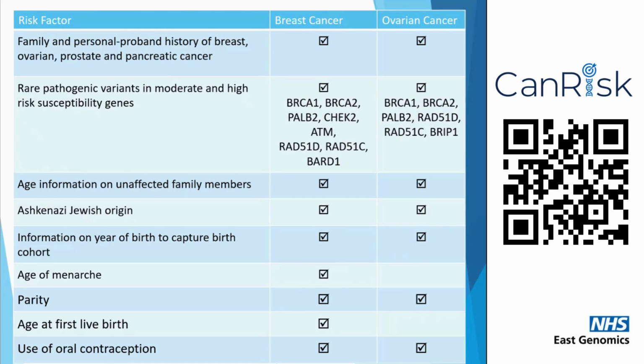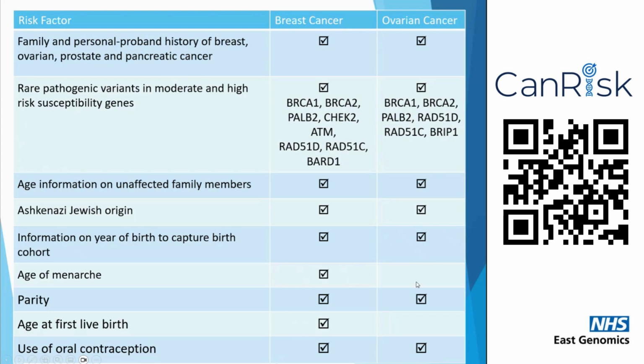CanRisk uses different risk factor information when working out its calculations. This is just a summary from their website of what it takes into account. So we know some genes are primarily associated with ovarian cancer, like BRIP1, so that's obviously only in the ovarian calculation, whereas some are more predominantly breast cancer genes and aren't used in the ovarian cancer calculation.